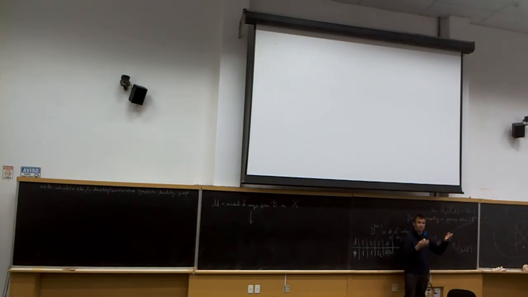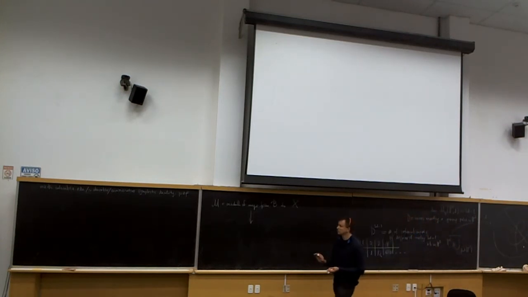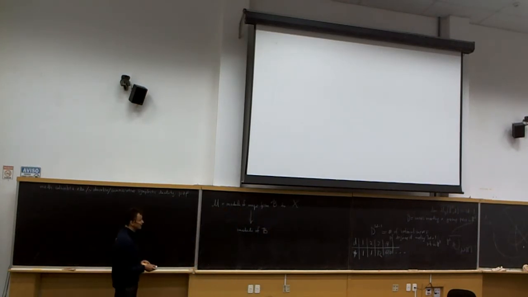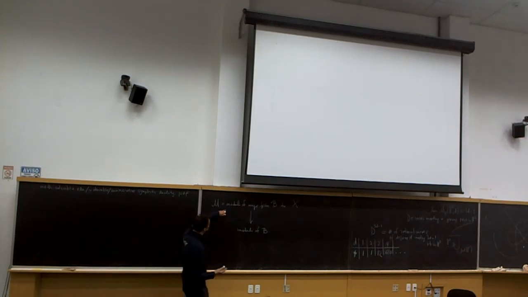There's some issue of stability and so forth, so maybe let's not worry. So this sits over the moduli of B. And more generally you have natural classes on this.